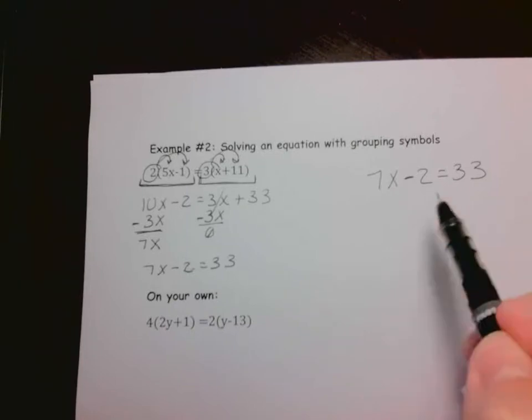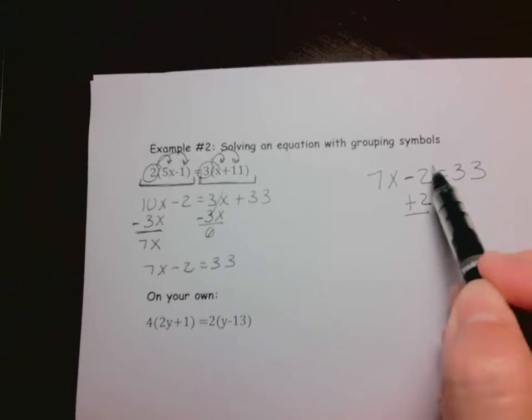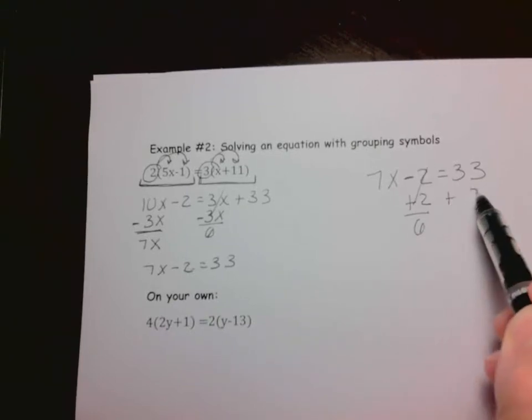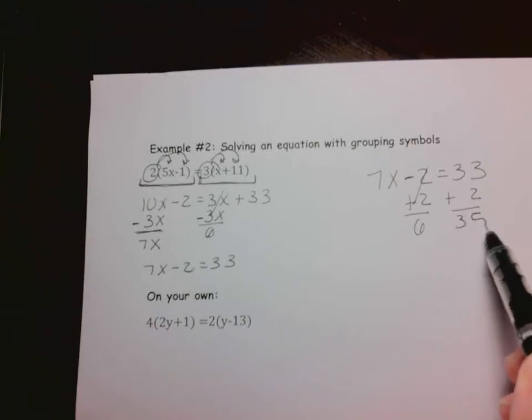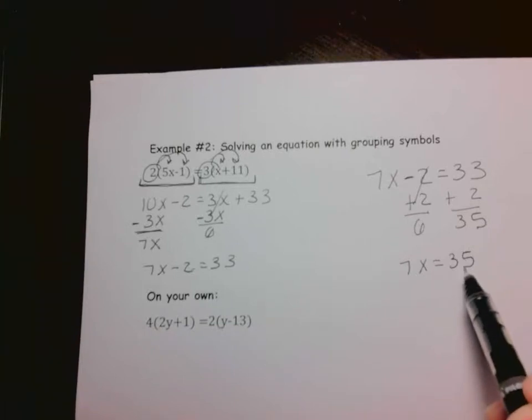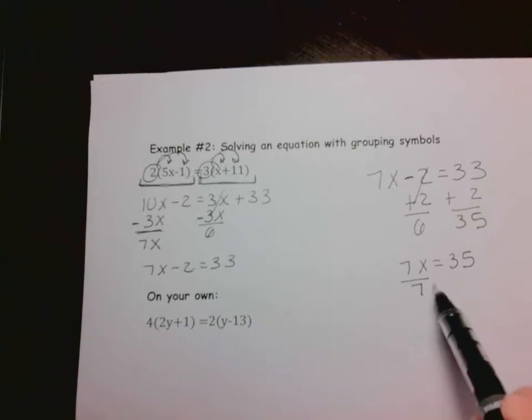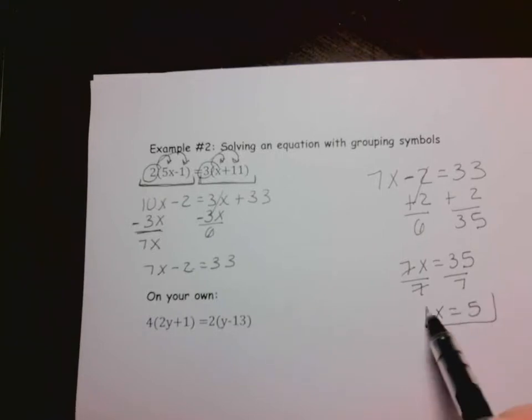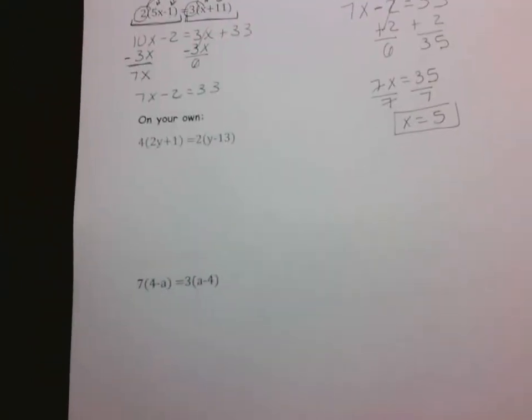I'm going to go ahead and add 2 to both sides. And now I'm going to divide both sides by 7. Okay, so go ahead and hit pause and work out these on your own.